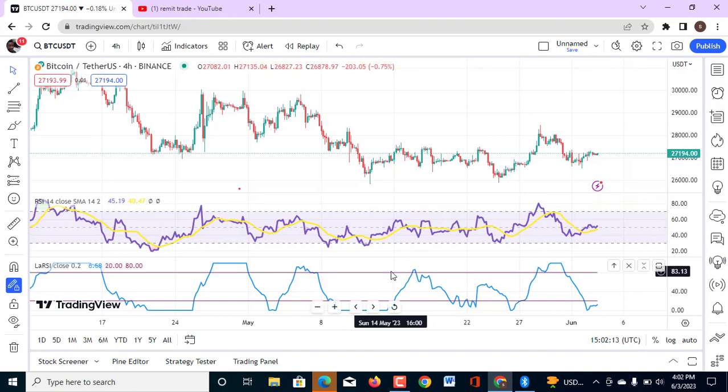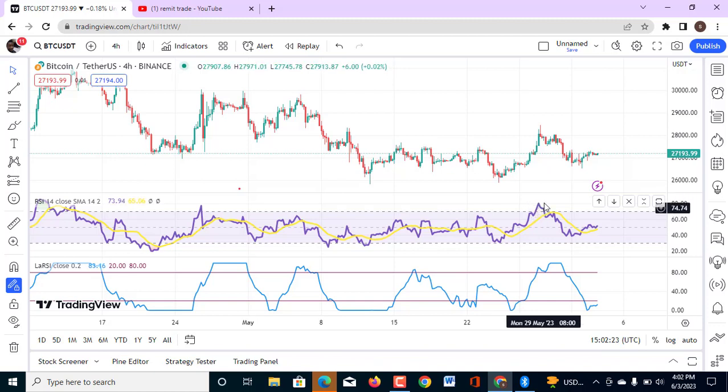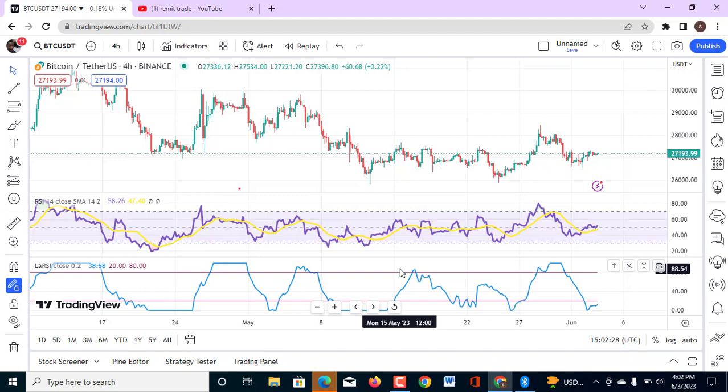But with the Lego RSI, you're supposed to enter a position here for a short, enter a position here for a short, and enter a position here as well for a short. Meanwhile, for this one, you could have entered only one position here for a short, while all these would have been missed because they are not captured in this old RSI.